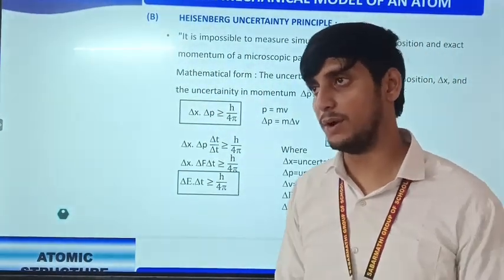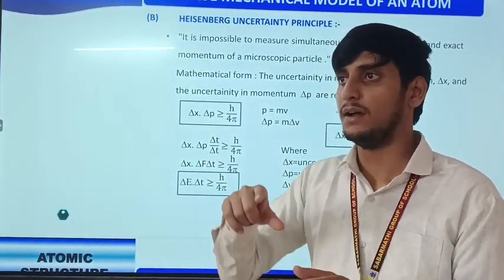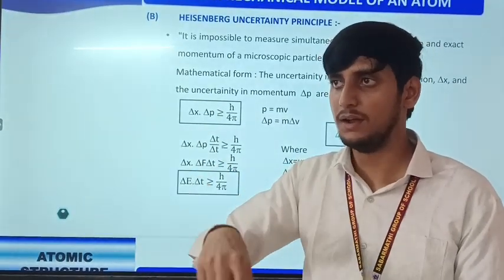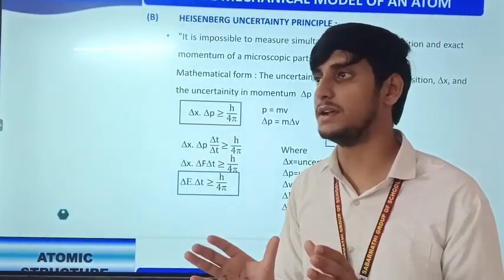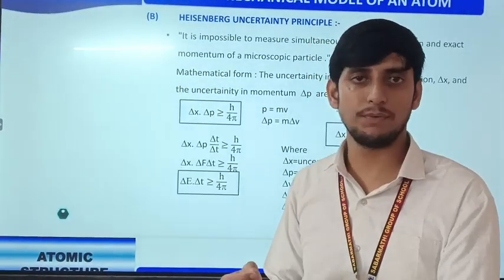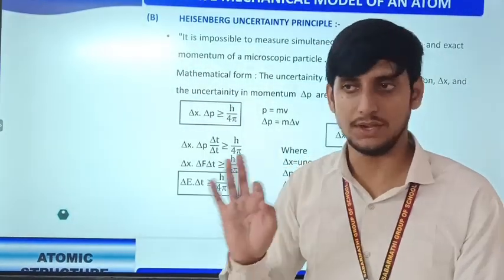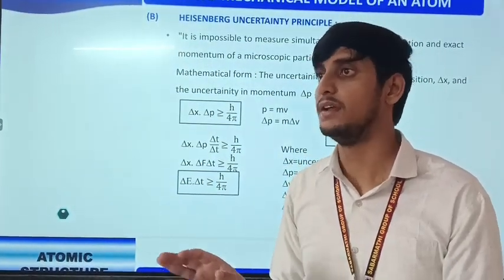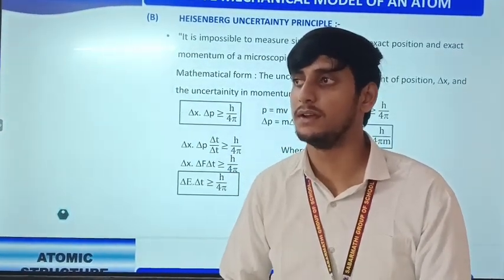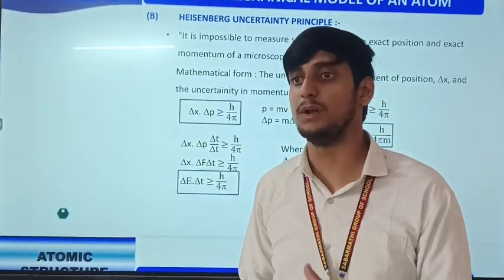If I want to click the image, at that instant electrons are moving very fast in an atom. When we click the image, after a microsecond the electron's position gets changed. It may also take energy from our surroundings and get excited, so position as well as velocity is different.